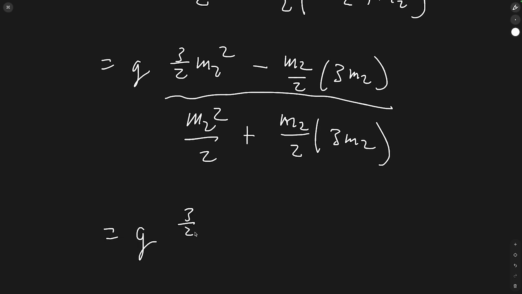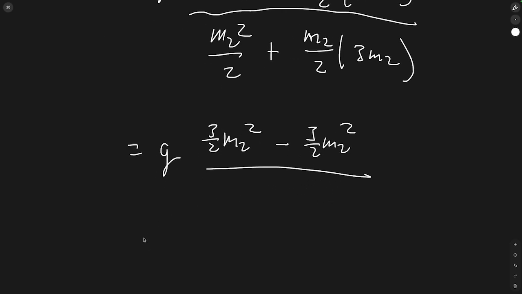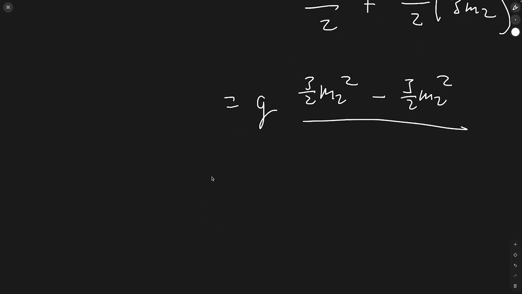Now this is 3 halves m2 squared minus 3 halves m2 squared. I'm not sure I care about what happens here, because this is 0. This becomes 3 m2 squared, and then 3 halves plus another half makes 4 halves, but it doesn't matter because this is 0. The acceleration is 0.